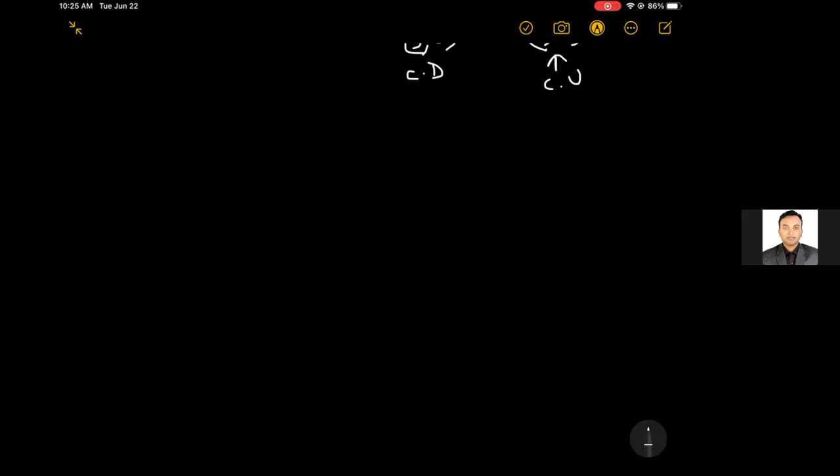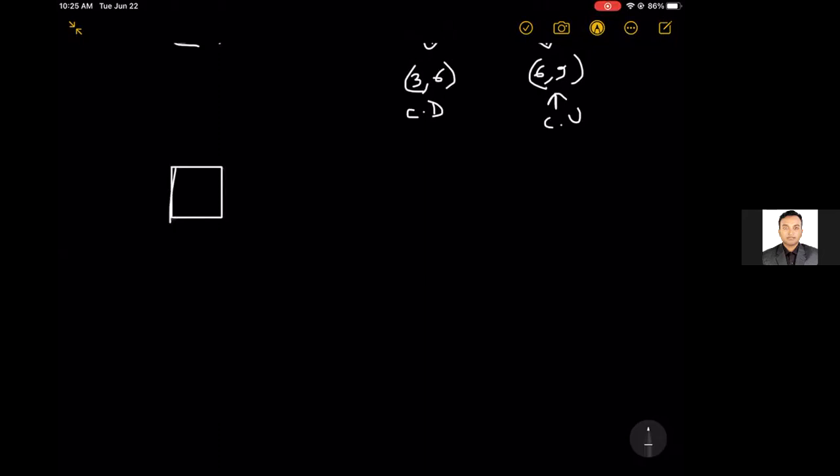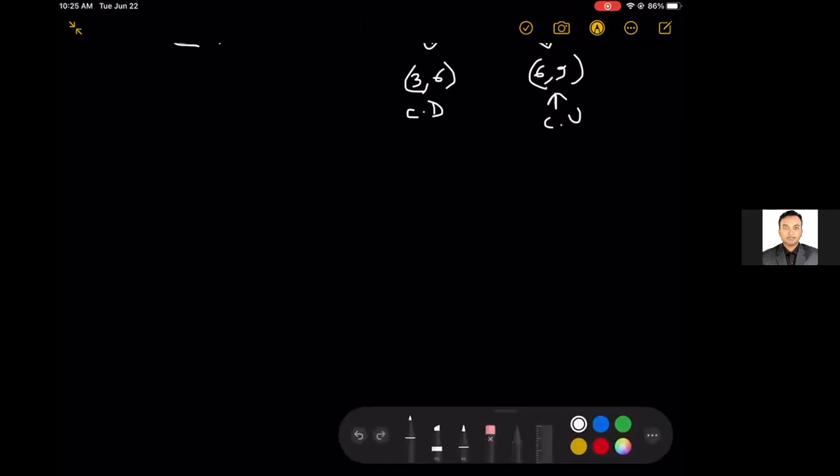Okay, let's say of all rectangles with a perimeter, let's say we have rectangles. It doesn't look like a rectangle. Sorry about that.